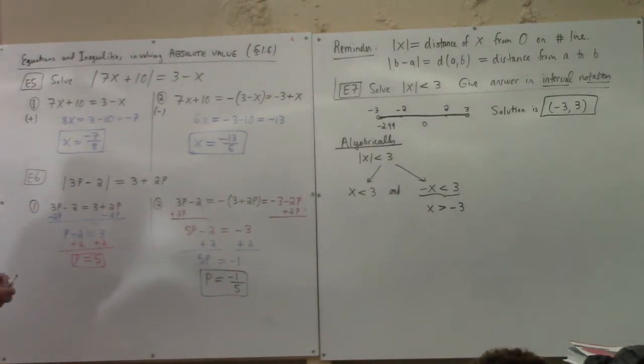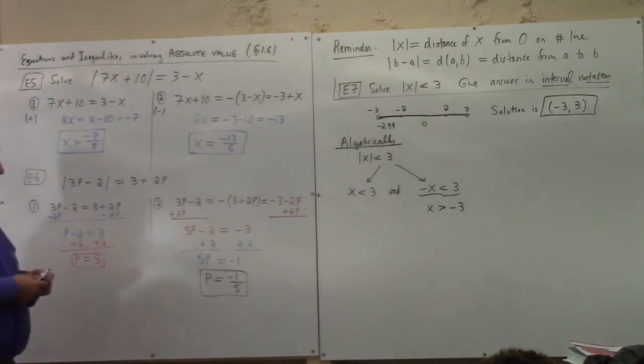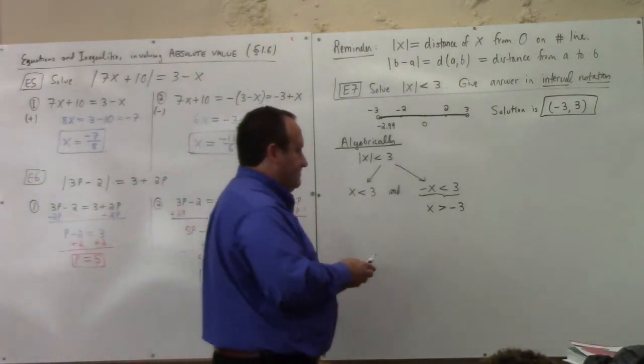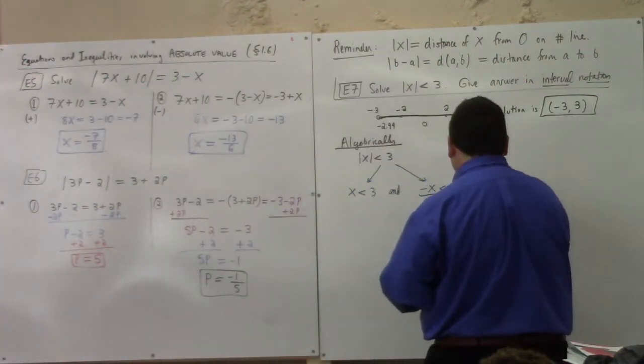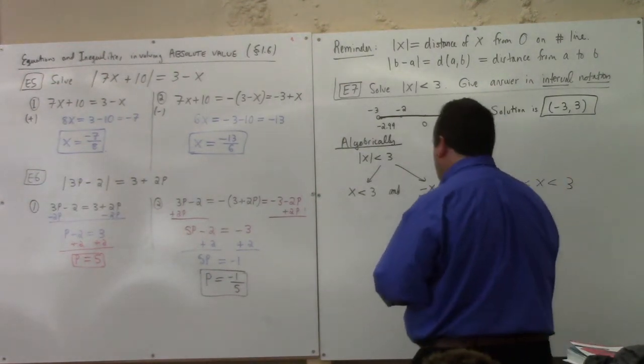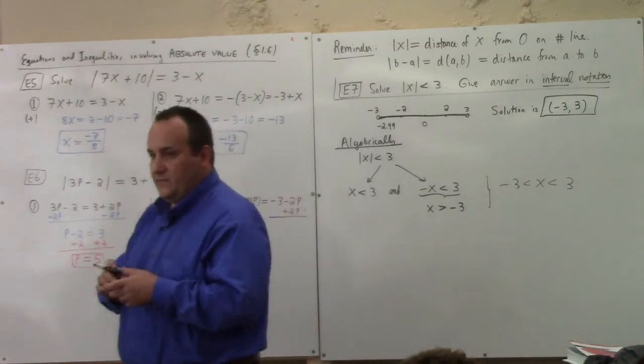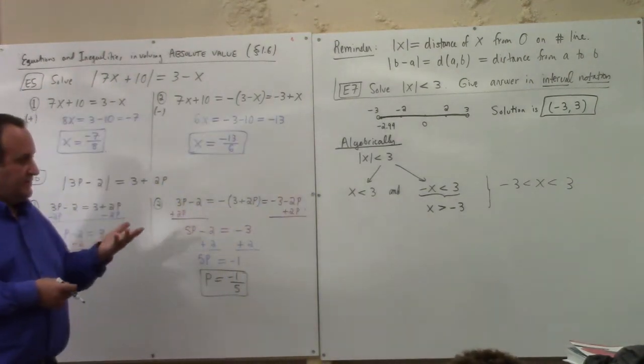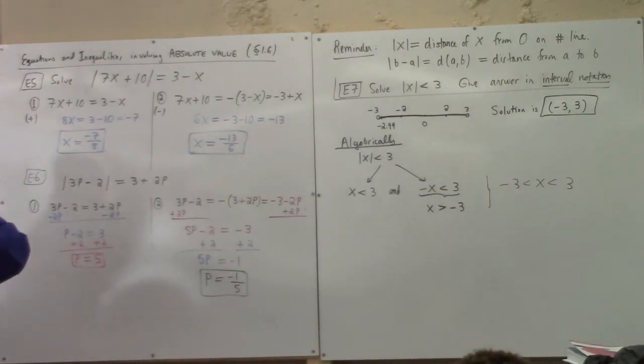Now, what do you get if you have x greater than -3 and x less than 3? We can write it like this, right? -3 less than x less than 3. We can put those together. And of course, the set of x which solve that inequality is the open interval from -3 to 3. Right?